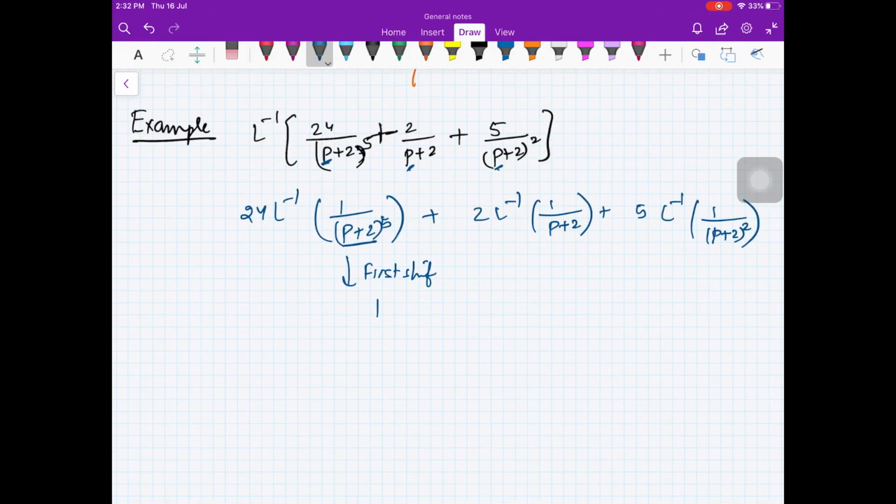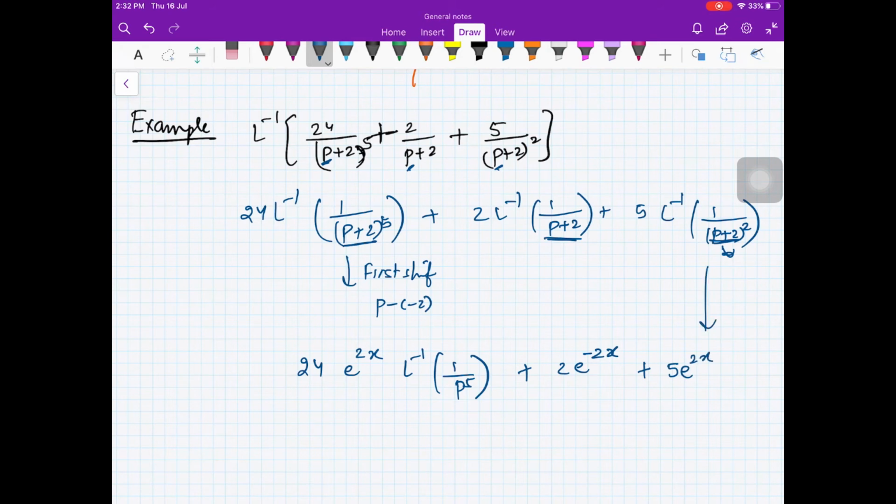Here your variable is p plus 2, so you are replacing with p minus minus 2. Therefore you have to multiply with e raised to power minus 2x into L inverse of 1 upon p raised to power 5, plus 2 e raised to power minus 2x, plus the same thing here. Here you have p plus 2, so you have to multiply with e raised to power minus 2x. So this is your first shifting.